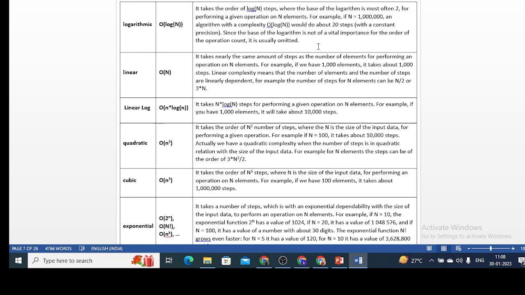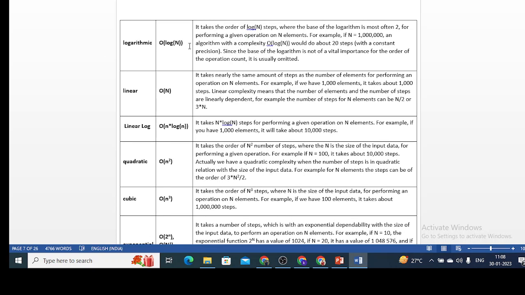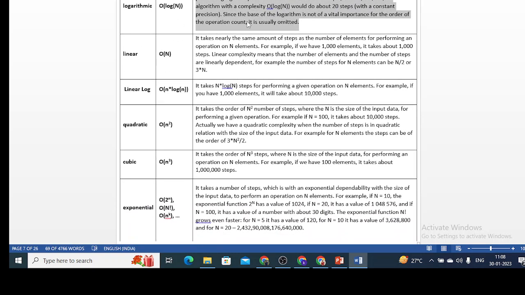Now in this case, when the algorithm is performing an operation on an element and it is taking a complexity where the count of the operation is very important, and it is usually mentioned in order of n log n. Usually this complexity is for binary search algorithm. Okay, we'll be seeing this in the upcoming videos, how it is evaluated.